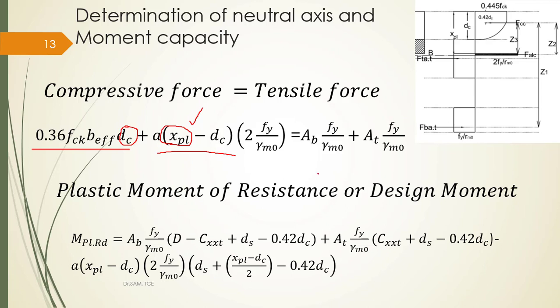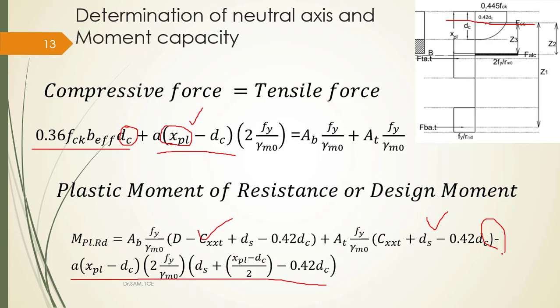In this moment calculation, you have to take moment of all the forces about the FCC. As I explained, these two terms will be very similar to the first case. Only thing, you have a compression. Here these two tensile forces will create an anti-clockwise moment, but this force will create a clockwise moment.